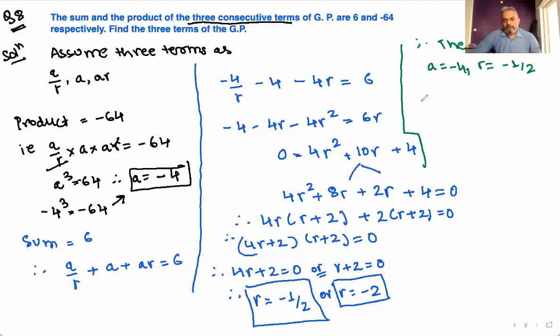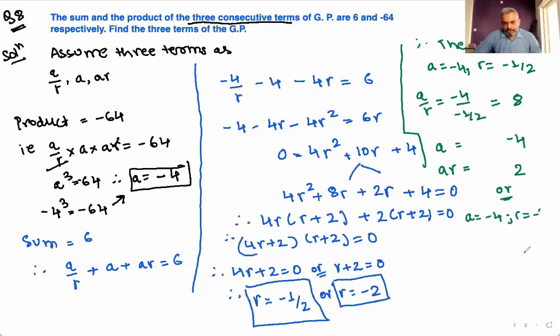So the first term is A upon R, which is equal to minus 4 upon minus 1 by 2, minus minus plus, 4 twos are 8. Then A is equal to minus 4, and A into R is minus 4 into minus 1 by 2. So it will be 2 positive. Or A is equal to minus 4, R is equal to minus 2.